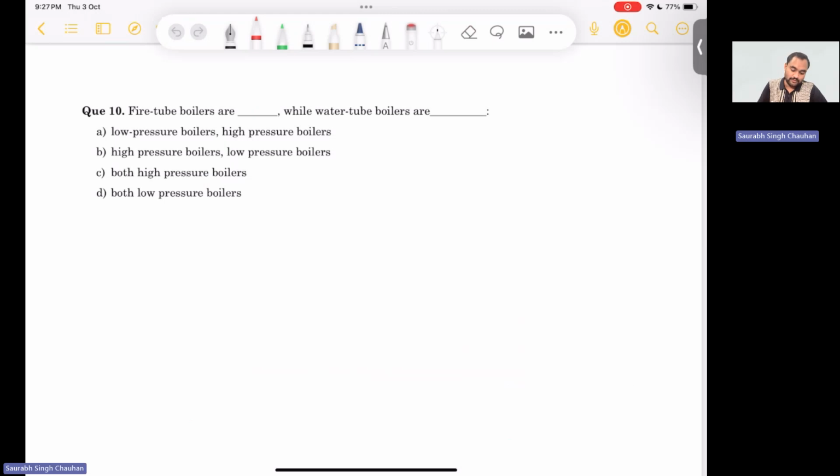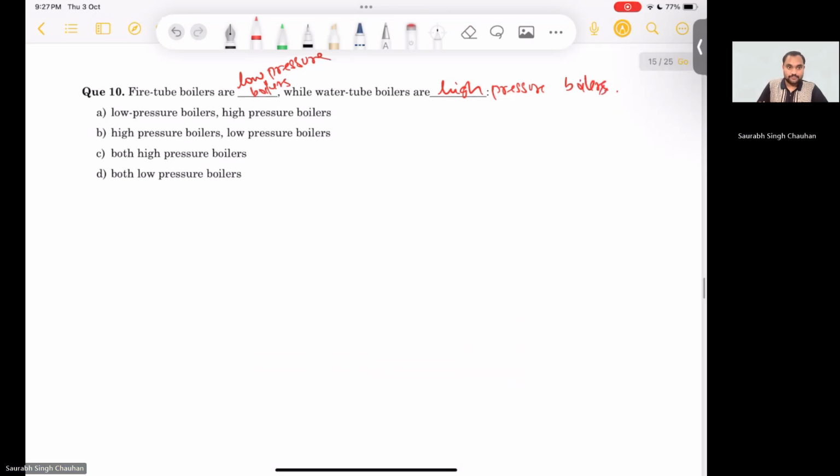So fire tube boilers are sometimes called low pressure boilers, and water tube boilers are called high pressure boilers. Okay, so option A should be the correct option.